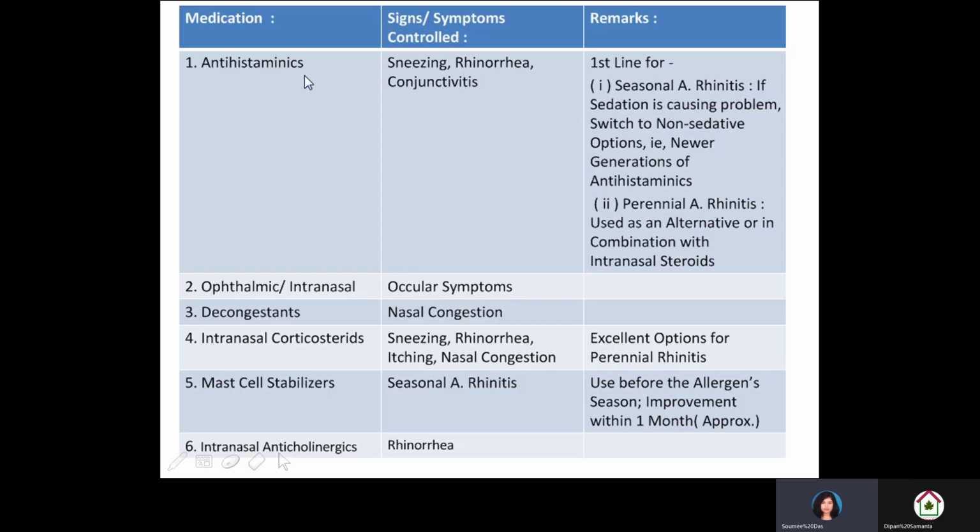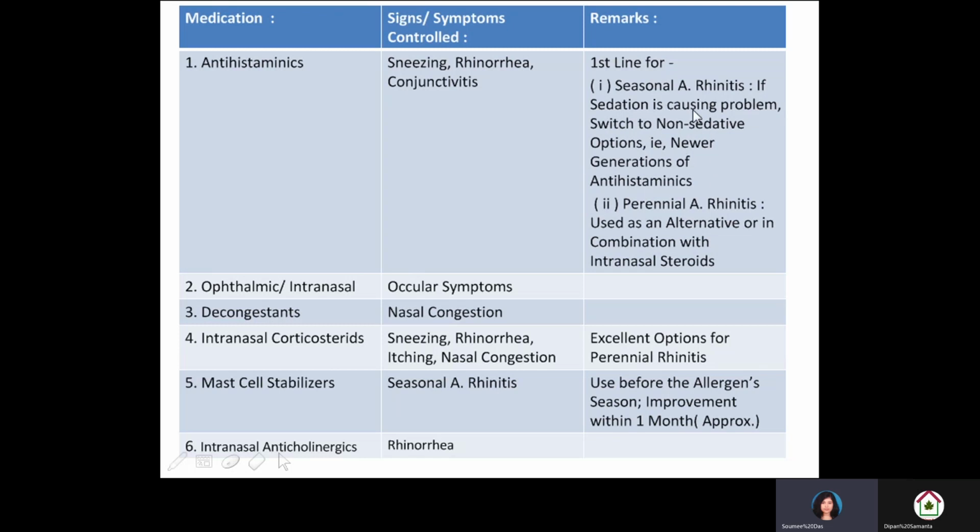Number one is antihistaminic. This is the classical anti-allergic. This antihistaminic relieves the symptoms sneezing, rhinorrhea or discharge from the nose, and conjunctivitis. Okay. So remarks: this is the first line for seasonal allergic rhinitis. If sedation is causing problem, switch to non-sedative options like the newer generation of antihistaminics.